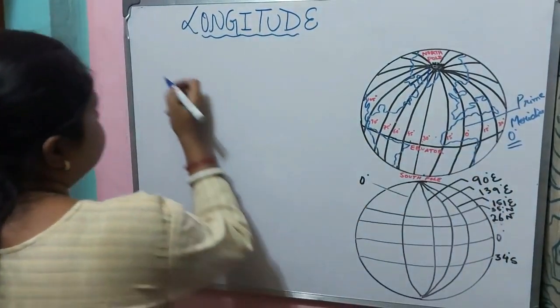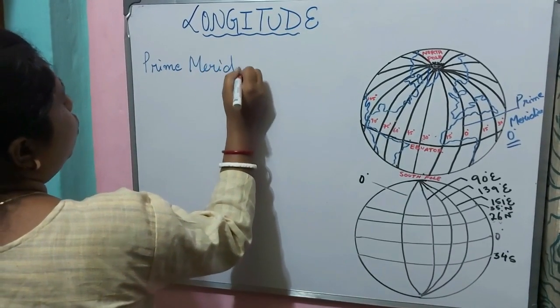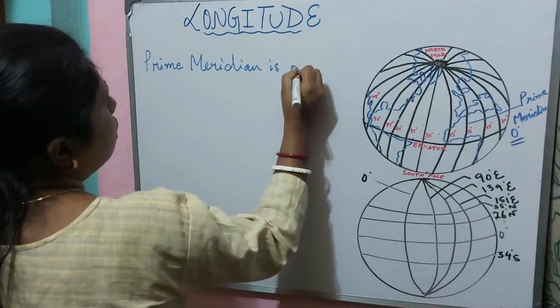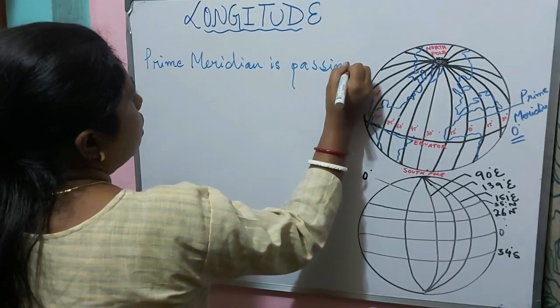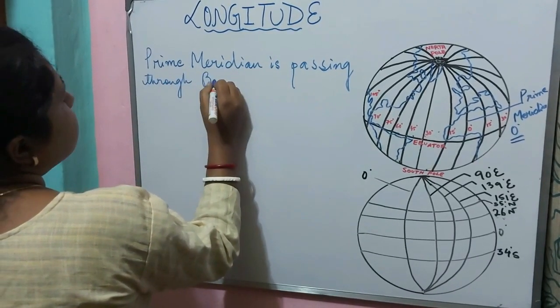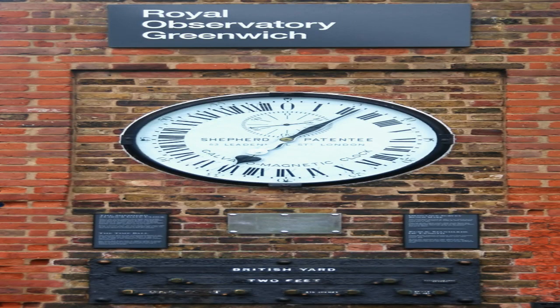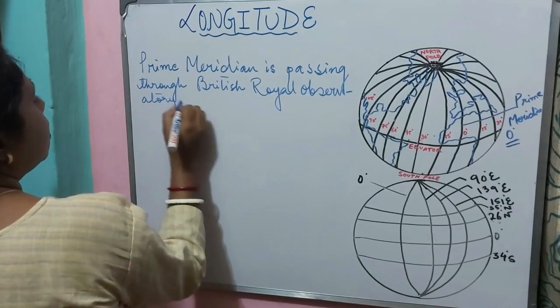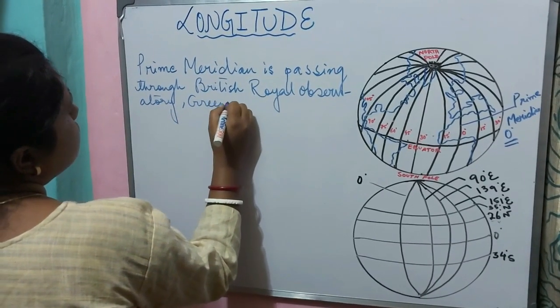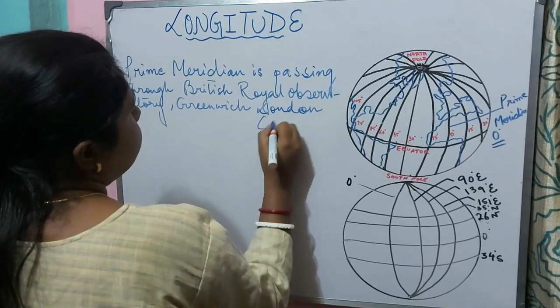The prime meridian is passing through the British Royal Observatory, Greenwich, London, which is in England.